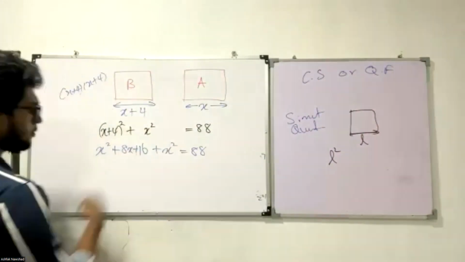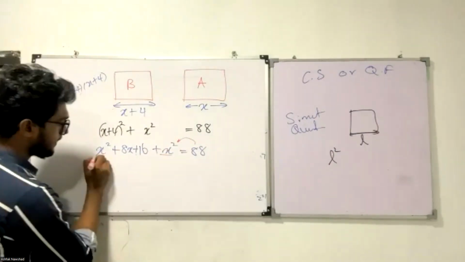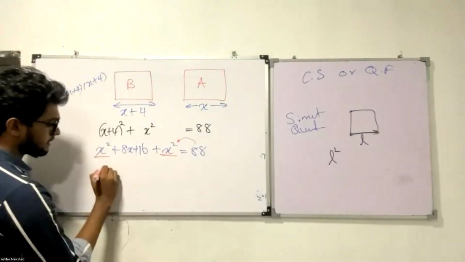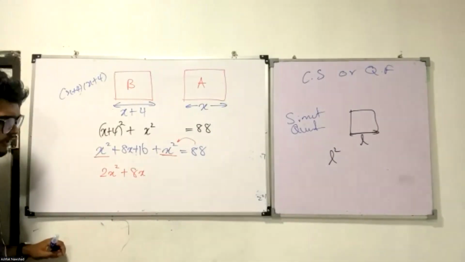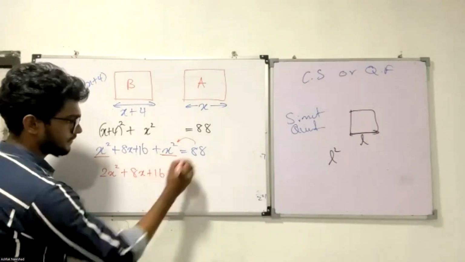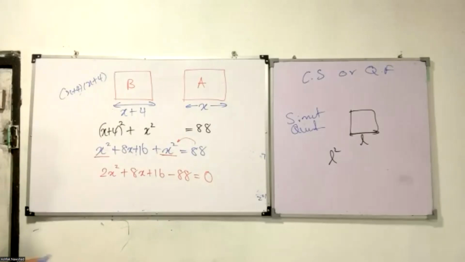So, while taking 88 to this side, I'm going to add these terms. x squared plus x squared is 2x squared, plus 8x, plus 16, and I'm taking this 88 to this side in order to make this equal to 0.